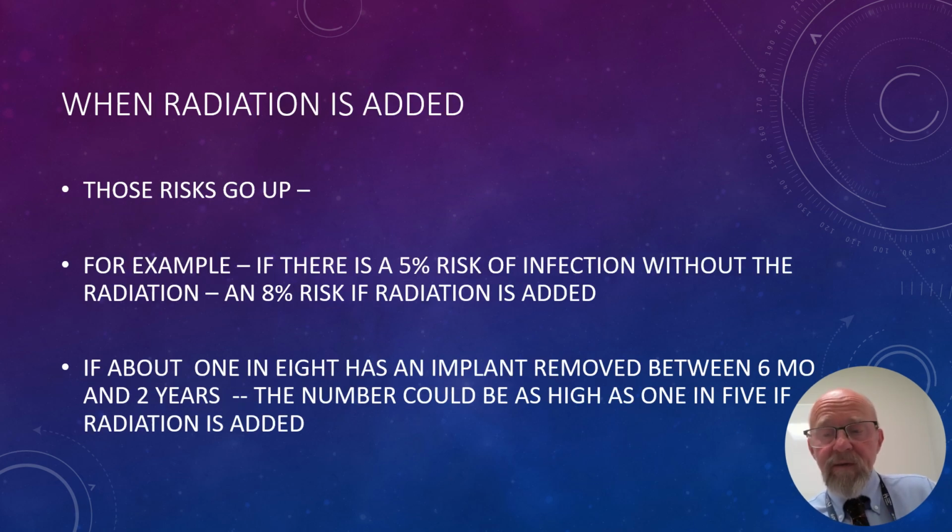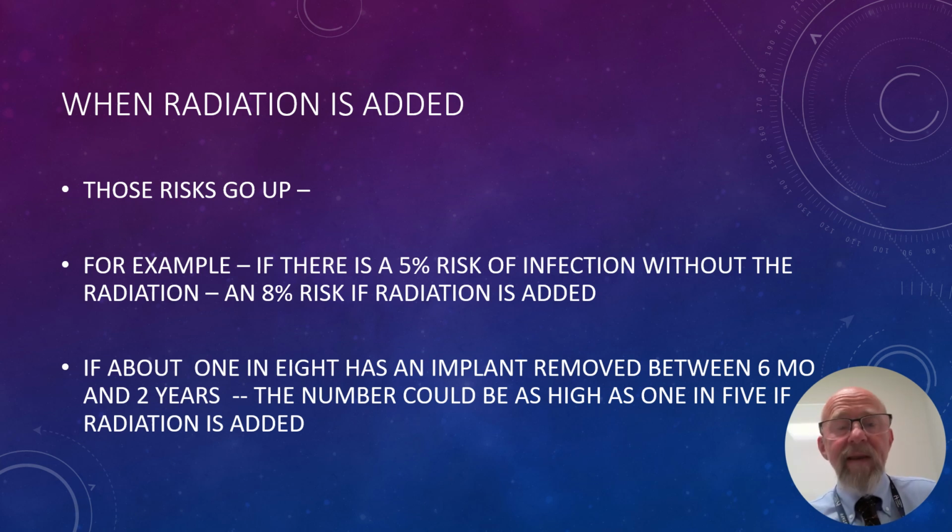So when radiation is added, those risks of infection, of skin vulnerability, of that fibrous tissue formation, those go up. And if we look at studies of folks that have had an implant after mastectomy and don't have radiation, and those that do have radiation, an example might be tracking for infections not in the immediate postoperative period, but later, where studies report a 5% risk without radiation.